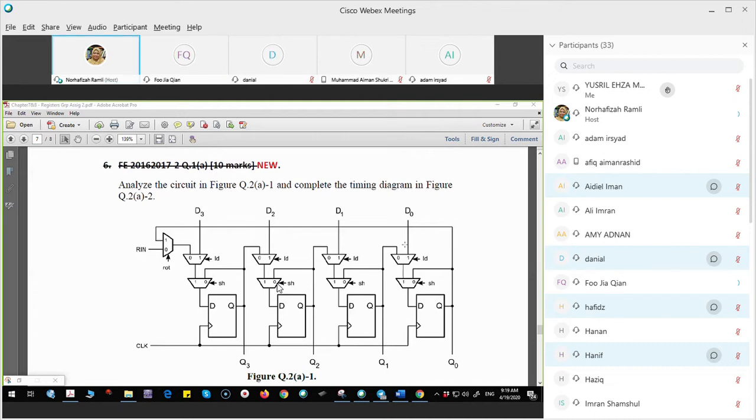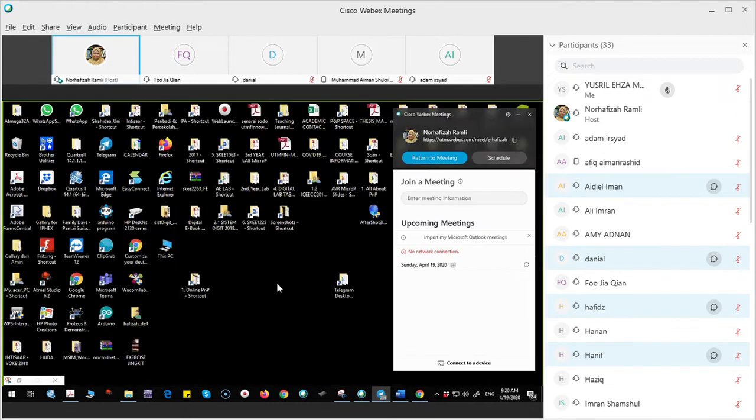When I gave you the QR code, only 33 students. Now who's going to do question 6? This one, Rahim. Oh, you now give me in pictures.